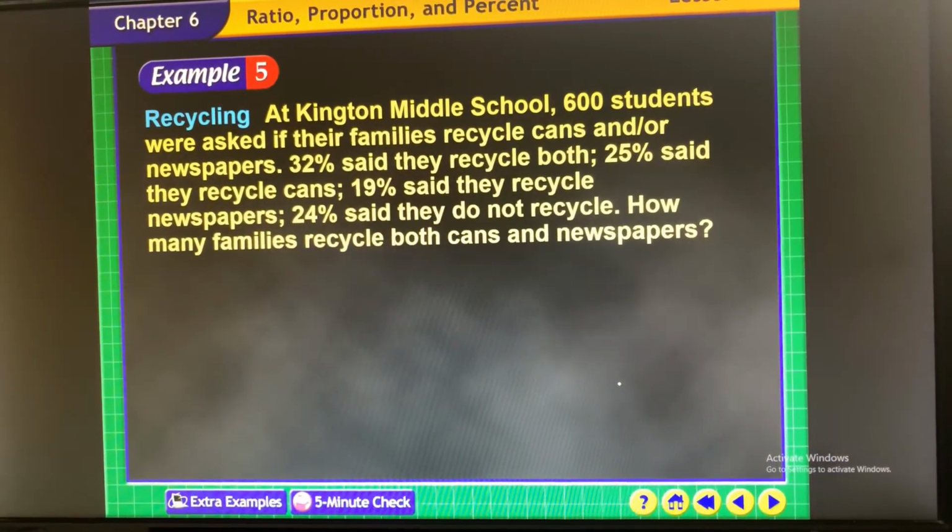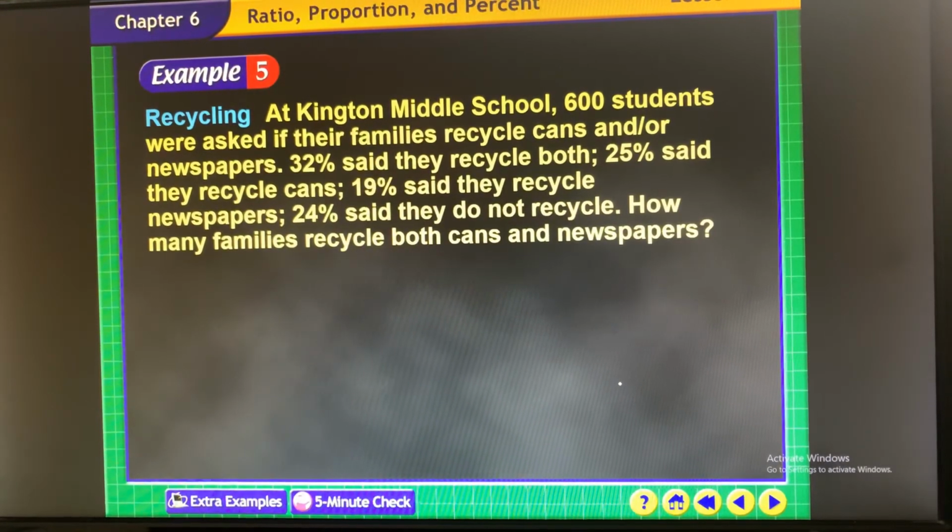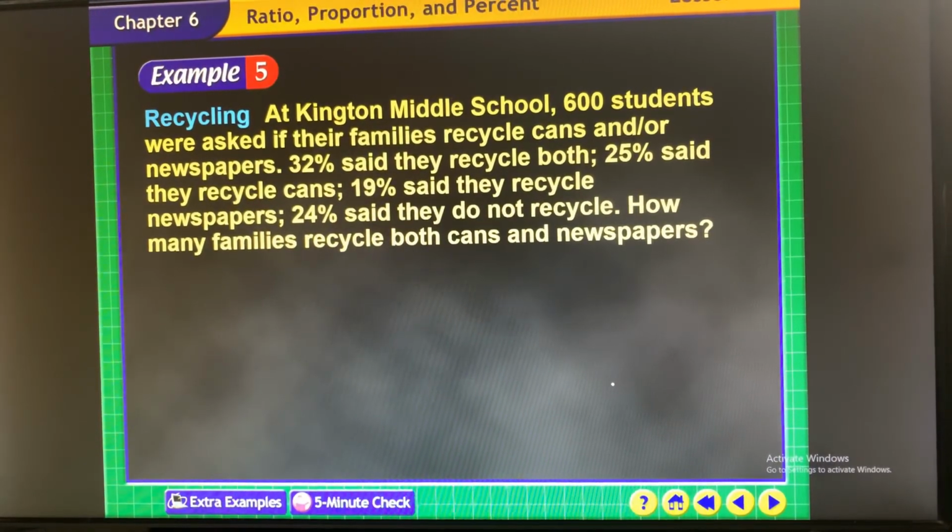"600 students were asked if their families recycled cans and/or newspapers. 32% said they recycled both, 25% said they recycled cans, 19% said they recycled newspaper, and 24% said not recycling. How many families recycle both cans and newspaper?" So go back up here.